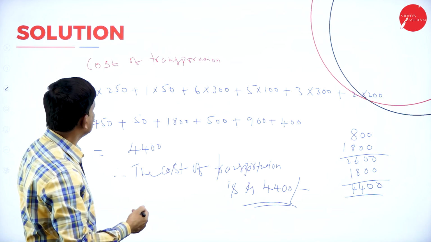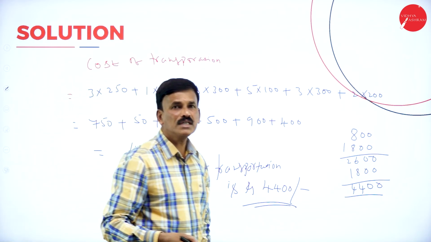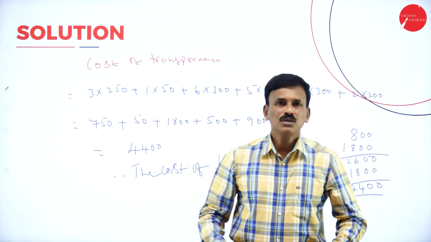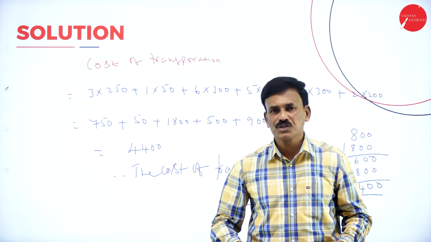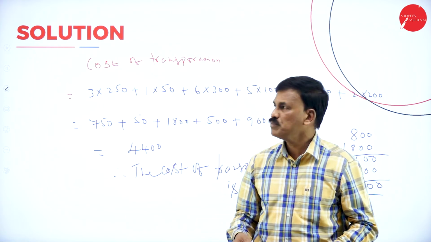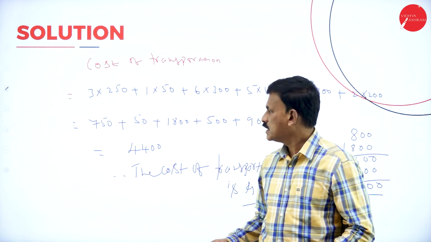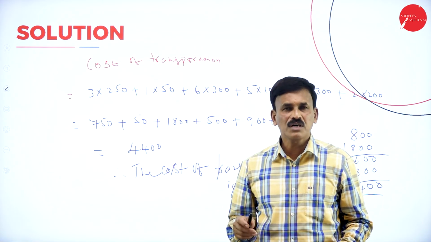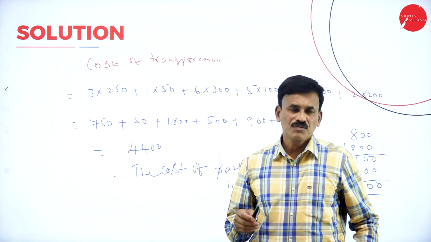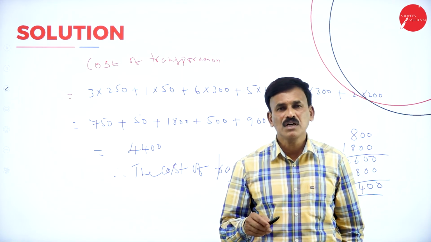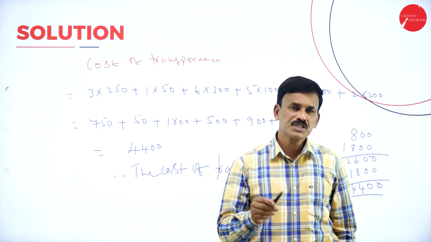This is the cost of the transportation. This is how we are going to solve a transportation problem using the northwest corner method. Hope you followed. Just find out the northwest element and find out the least value in the supply and the demand. Just allocate it.